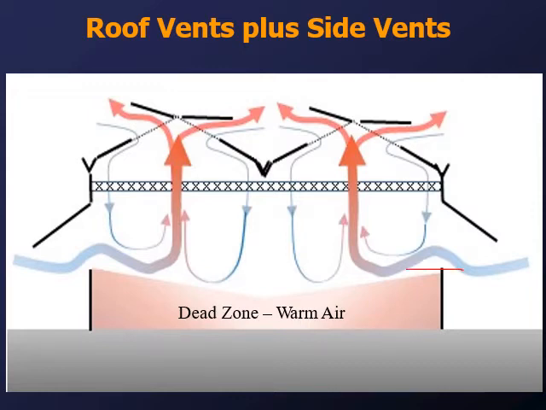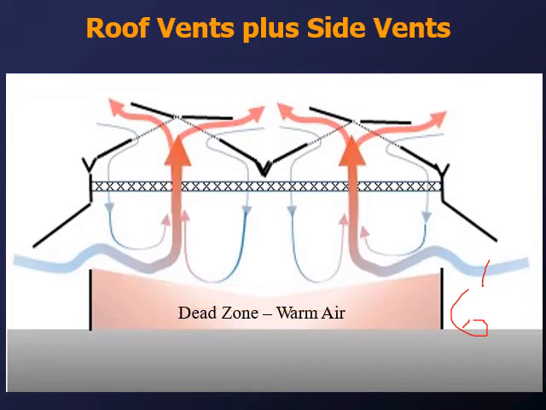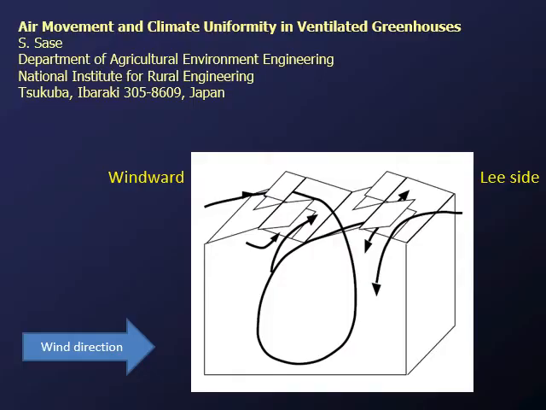So if the vents are, say, 6 feet off the floor, you have 6 feet that is not going to get much air exchange and is going to be potentially very warm. Because warm and cold air don't like to mix, you'd actually get what we call a thermal inversion, and you have warm air stuck in the area where your crop is. So where these vents are positioned is often low in the greenhouse to prevent that from happening.